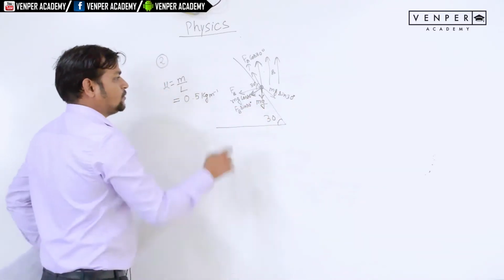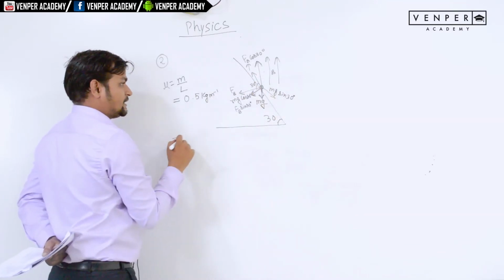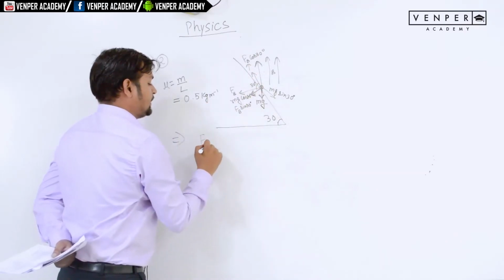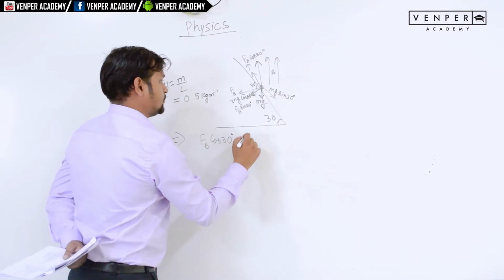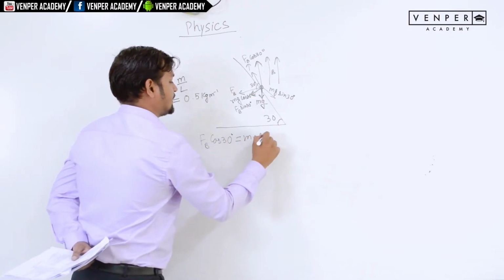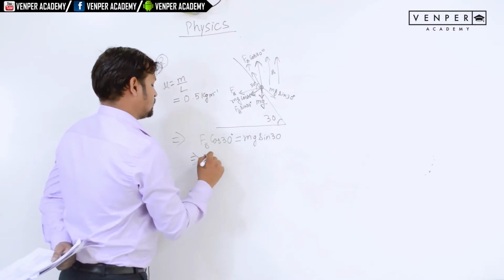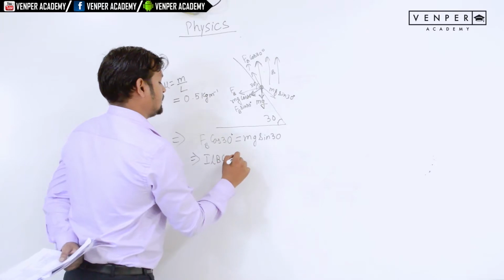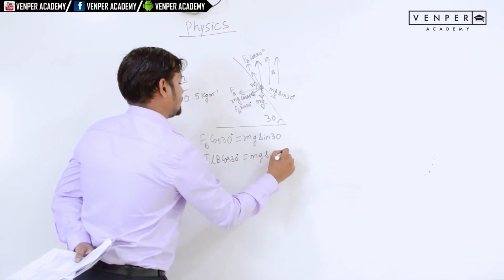Clear? Now if this rod is not sliding, then this component, not FB, this component FB cos 30 is equal to mg sin 30. So FB, which is ILB, cos 30 is equal to mg sin 30 degree.